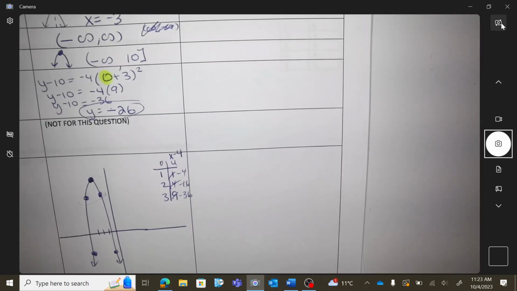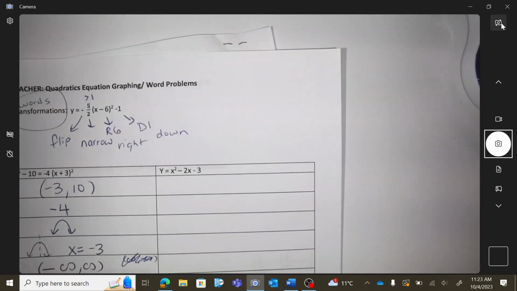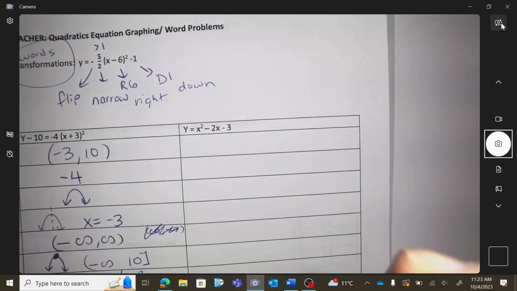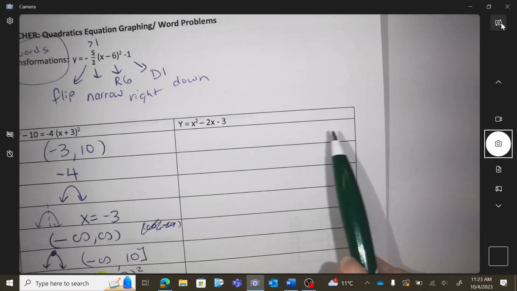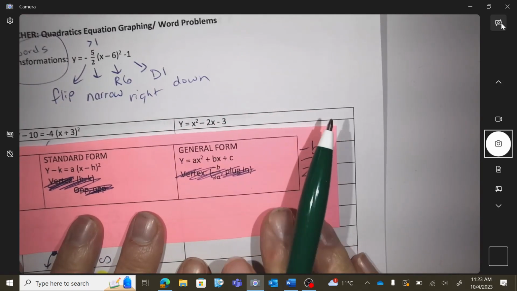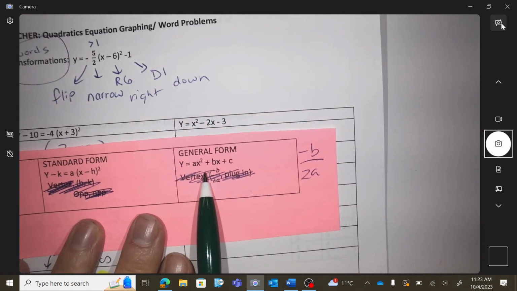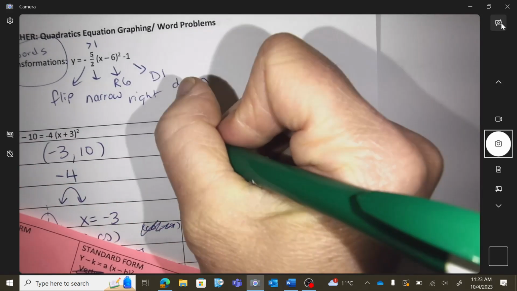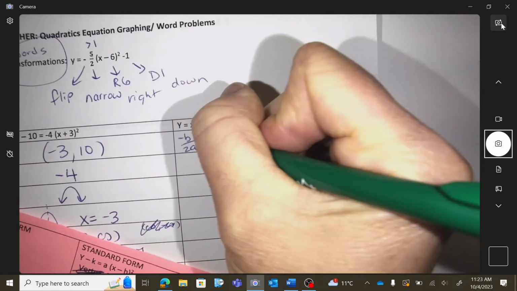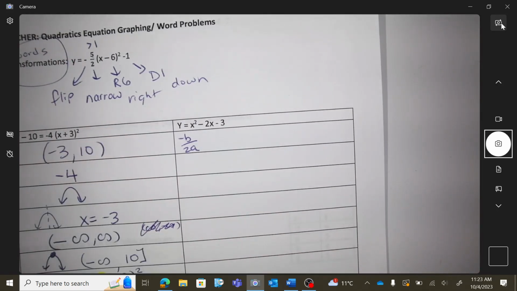Okay, the other side of things. So if I see this on my test, I would say, hey, look, that's in general form. What do I do to get a vertex in general form? And then my reaction should be, hey, use that little formula. Negative b over 2a.